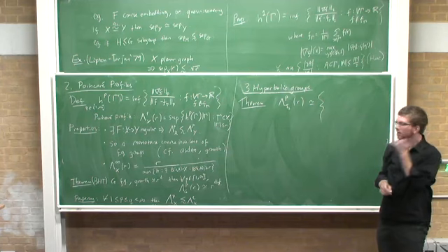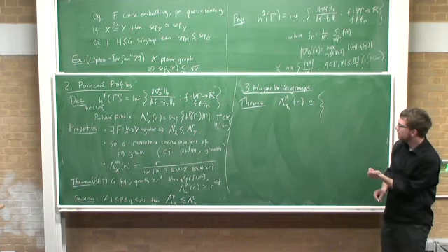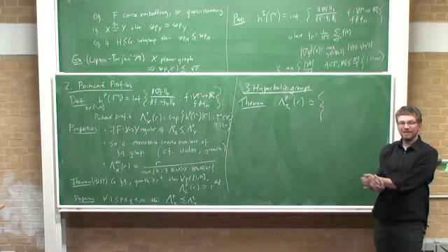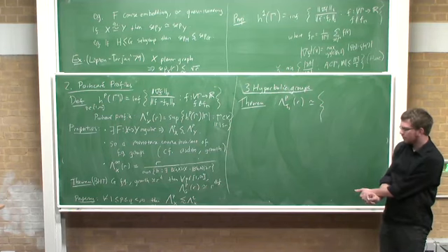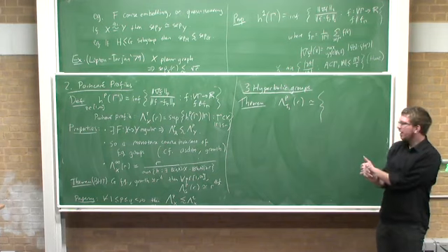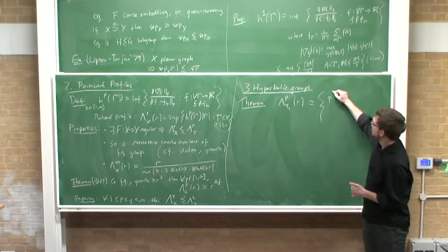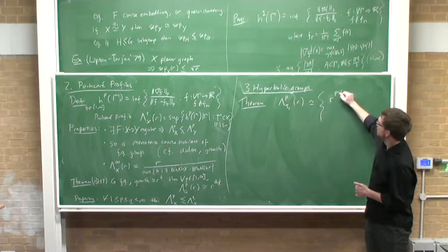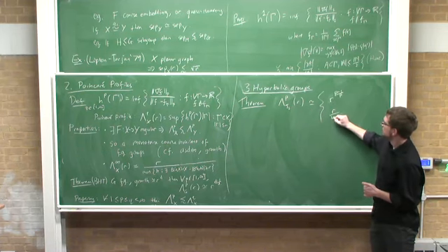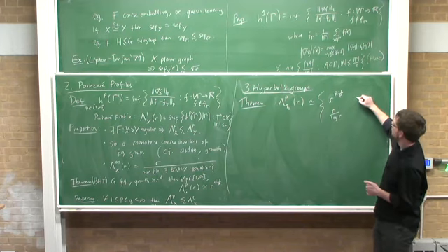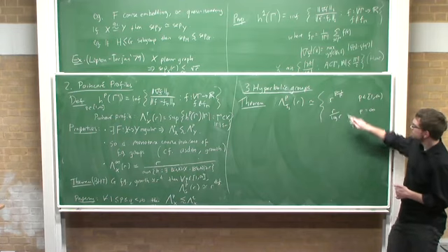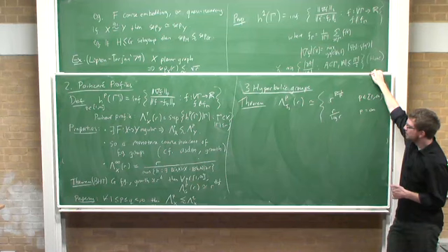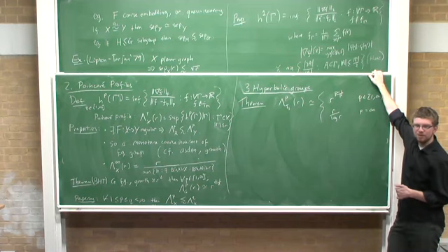Here the P equals 1 case is a constant. The P equals infinity case is going to be r over log r because of exponential growth. And what we get in between is r to the (p minus 1) over p. So as p increases, we see things that are worse and worse.